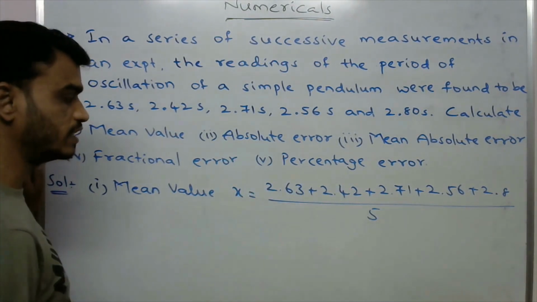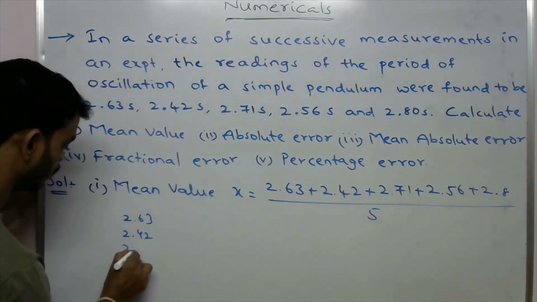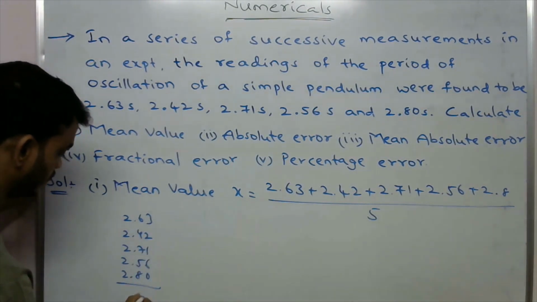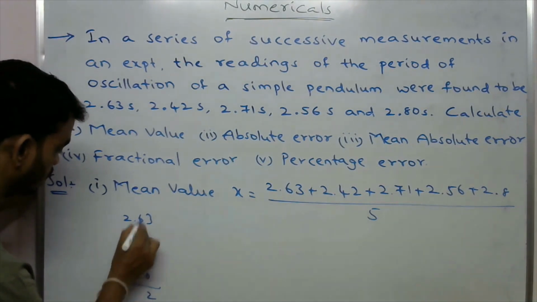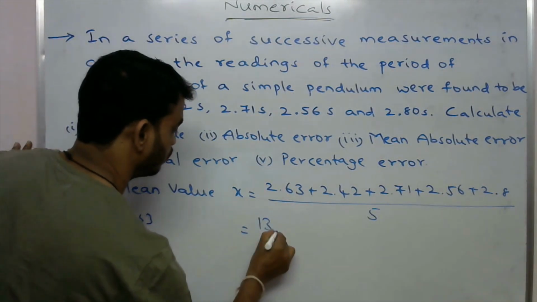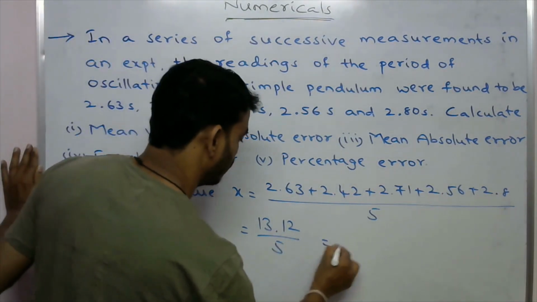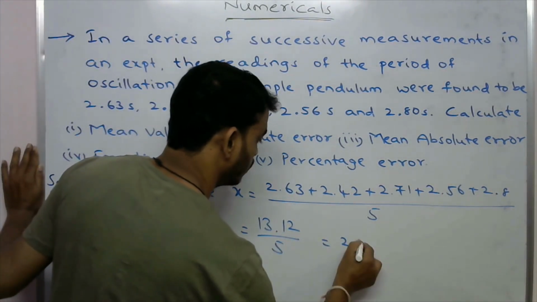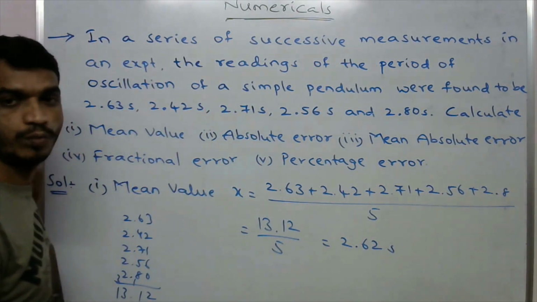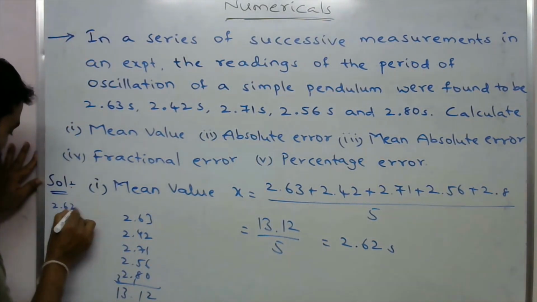So by adding all these numbers, this value is 13.12 by 5. So the mean value is x equal to 2.62 seconds. Okay, so this is the 2.62. I am mentioning it beside this one.